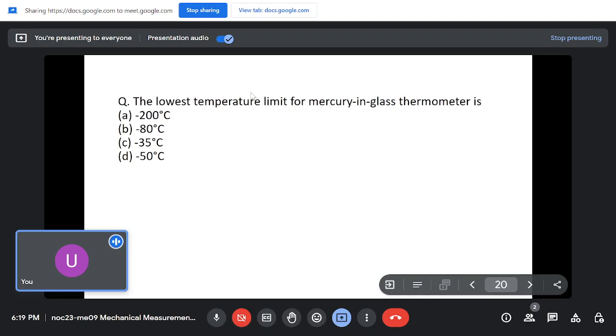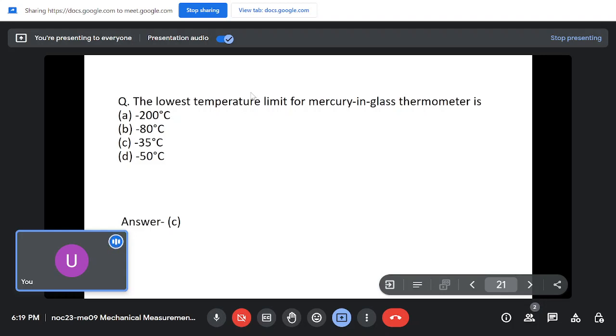Option A, minus 200; option B, minus 80 degrees Celsius; option C, minus 35; and option D, minus 50. So the answer is option C, minus 35 degrees Celsius.